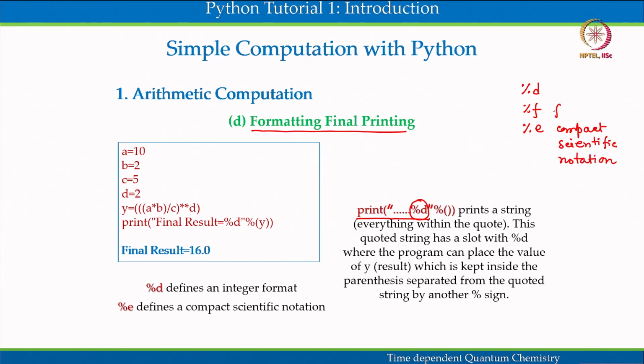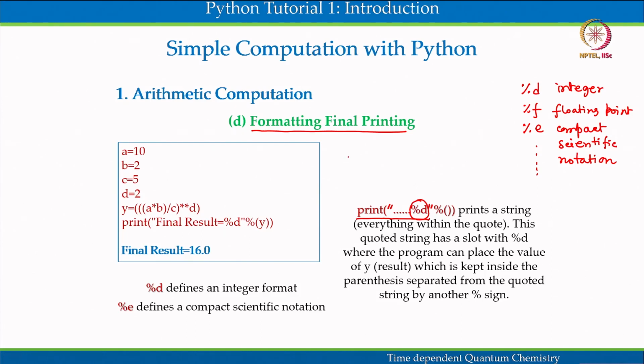This is floating point. And this is for integer. There are many other options which can be found at python.org, the website I mentioned in the beginning of this tutorial, and one can check what options are available.